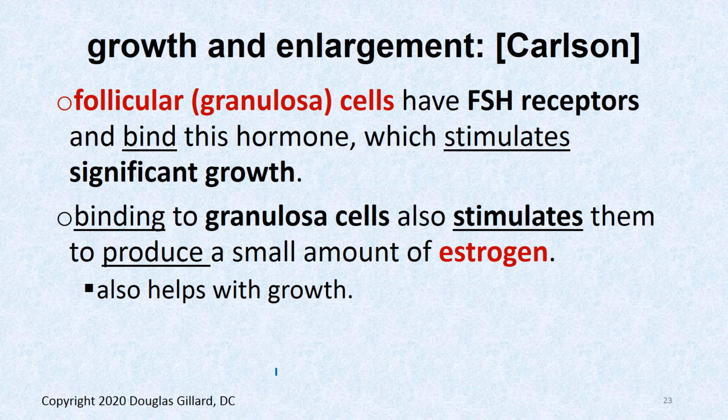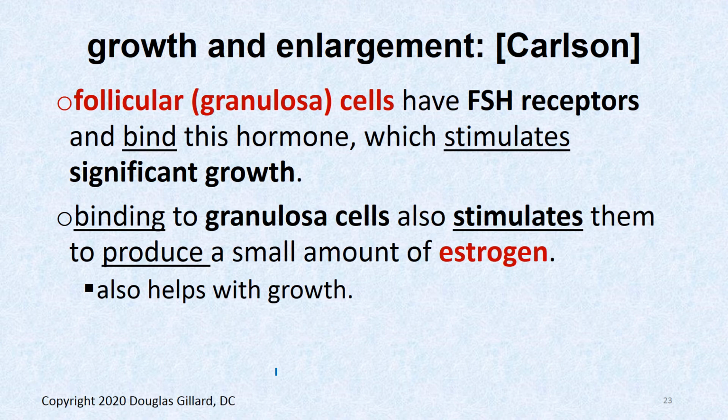All right, so we said it's a race, so let's talk about the race. In order to grow, you have to be able to soak up follicle stimulating hormone. So the follicle cells, the cells around our oocyte, they have FSH receptors. So FSH can bind to them and stimulate them to grow.